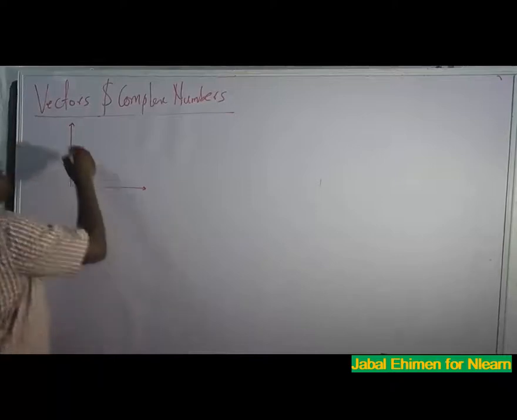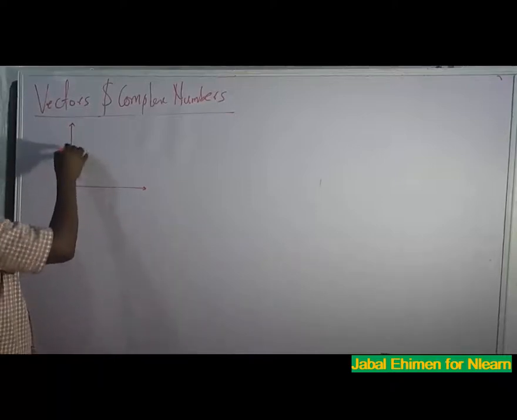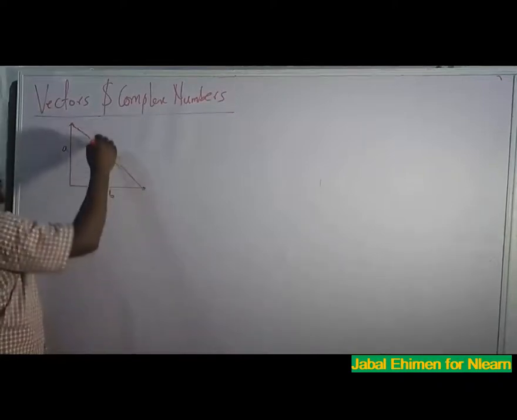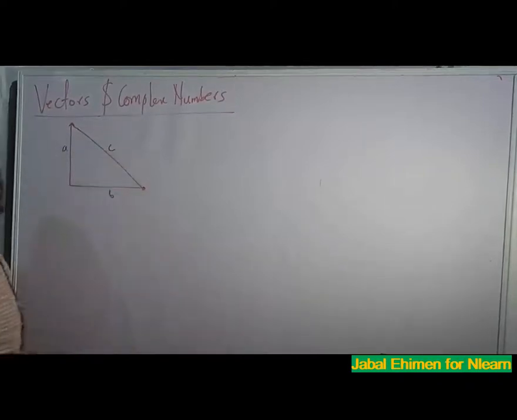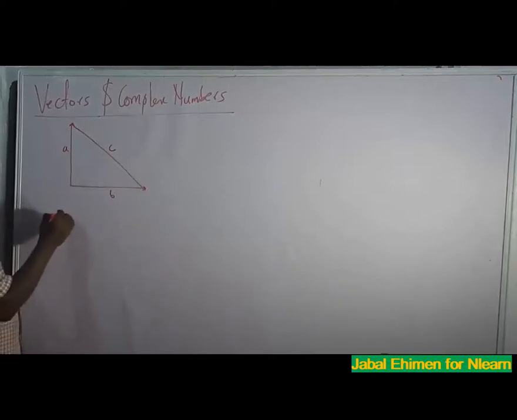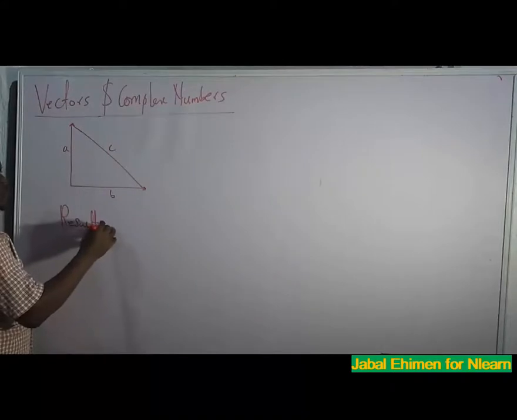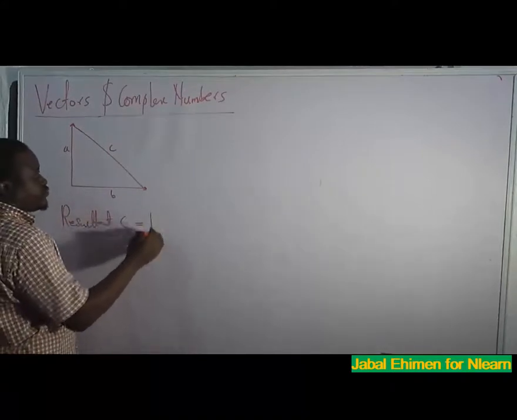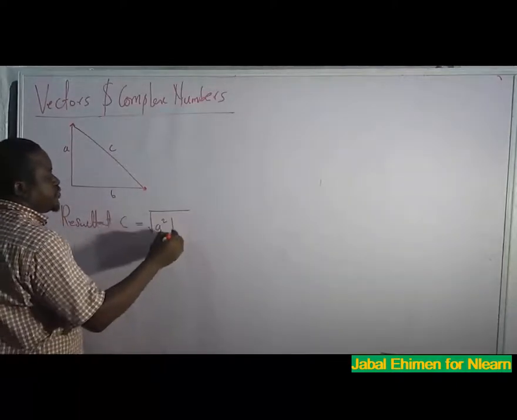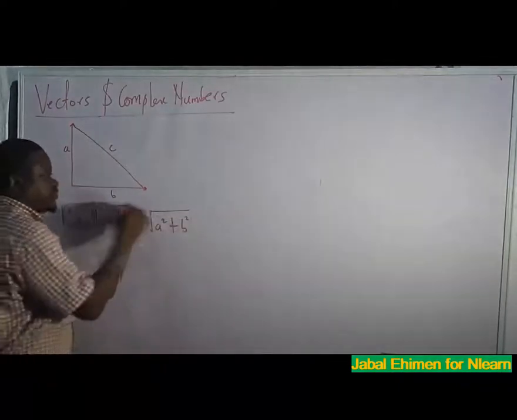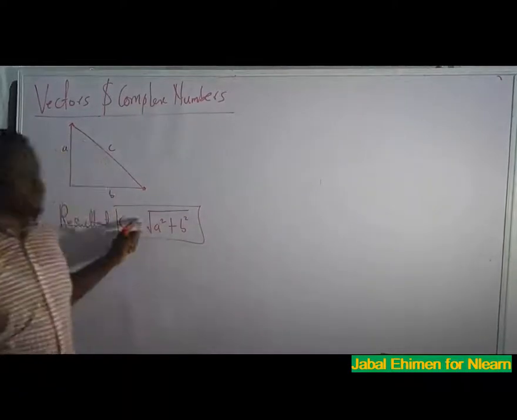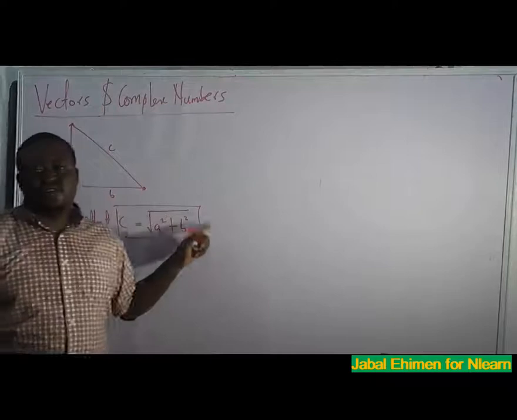If I have these two vectors, A and B, and I have to combine these two vectors into vector C, therefore the resultant of this vector, which is C, is equal to the square root of A squared plus B squared. Please take note of this. The resultant of a vector C is the square root of A squared plus B squared.